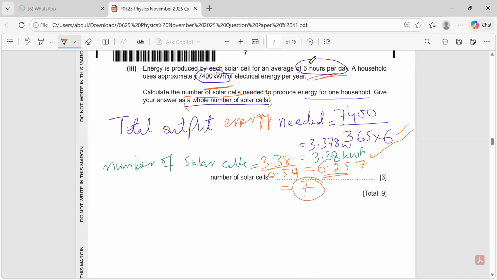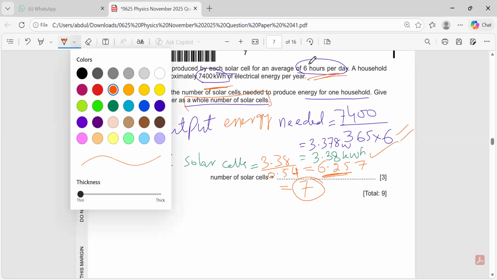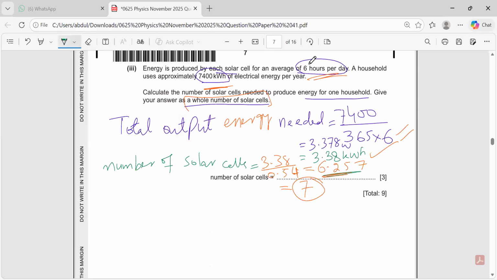We divide the total energy by 0.54 and the answer comes to be 6.257. They said the number of solar cells should be a whole number. I cannot write 6 because then the production will be less than required. So we go to the next whole number, 7. The number of solar cells we will use is 7.